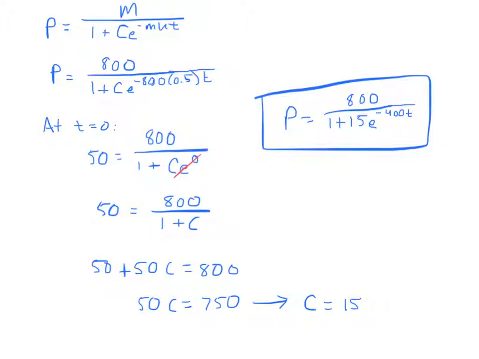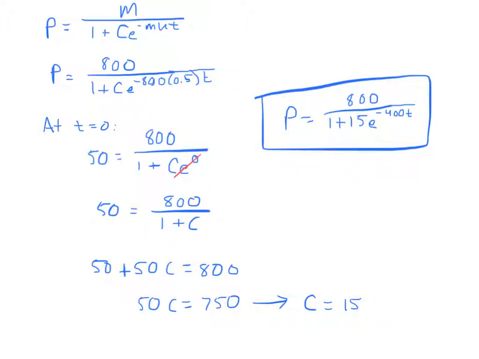So I have my general solution here for my population size at time t, but I still have a c in it, so I need to figure out what c is equal to, and they gave me an initial condition, so I can do that. So at t equals 0, I plug in 0 for t, which is nice because it gets rid of basically all of this mess, and then I just have 1 plus c on the bottom.